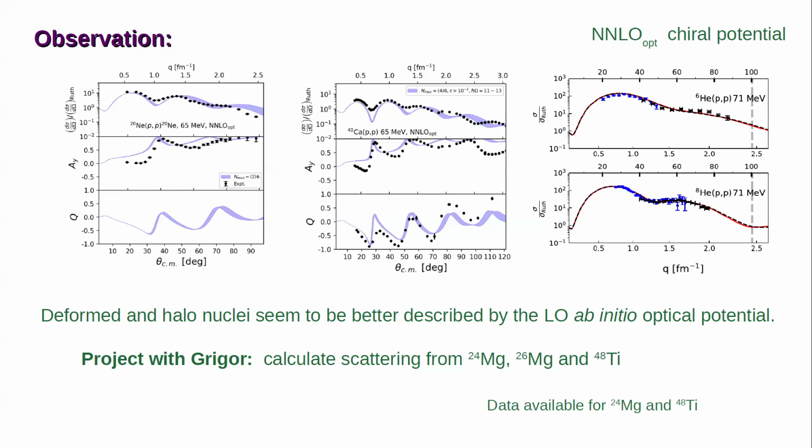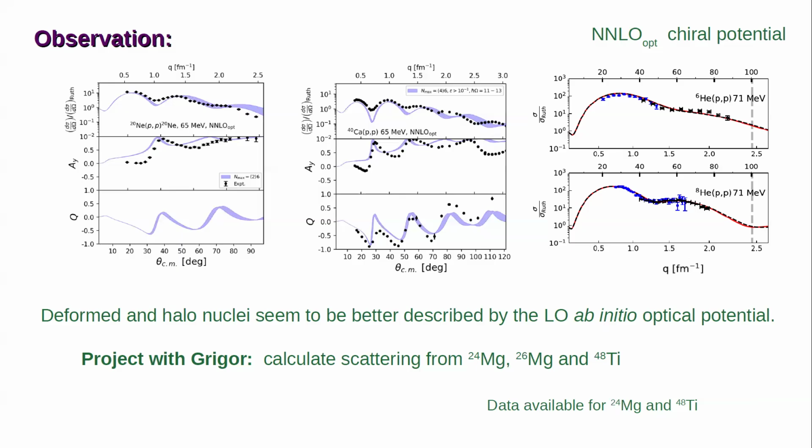Neon is a cluster state. Calcium-40 is a very densely packed system. And so it could very well be, if we're doing leading order and omit the rescattering, that for a clustered, deformed system, the leading order is much better than its reputation just because rescattering terms are suppressed.